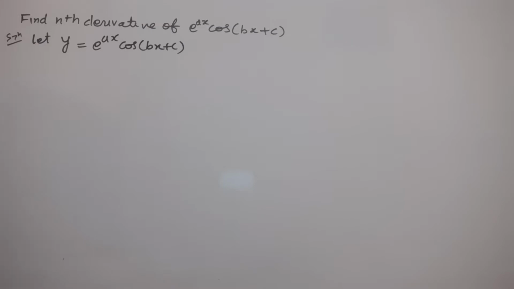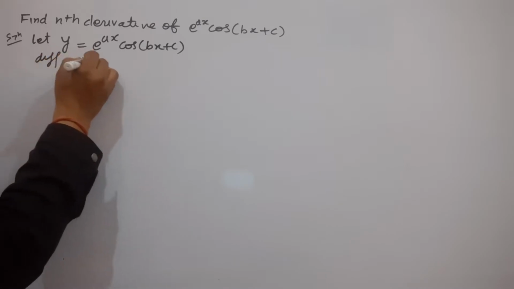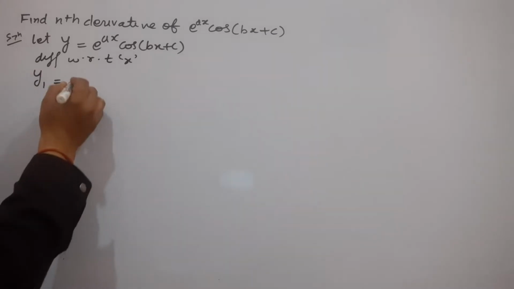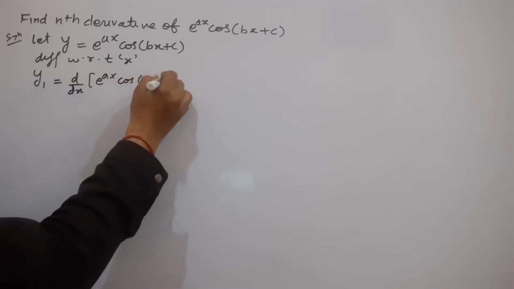Now first we differentiate this with respect to x, we get y1, that is y1 is equal to d by dx of e to the power ax cos(bx + c).